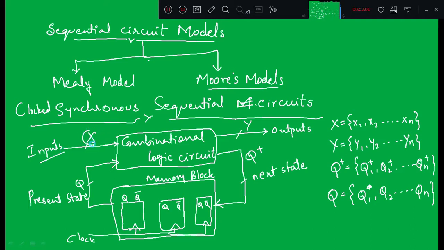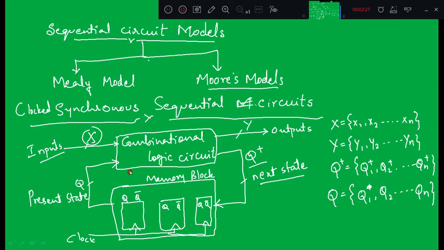Capital X represents the number of inputs, and these are the inputs for the combination circuit. Capital Y represents the number of outputs of the combination circuit. The output of the combination circuit is also represented by the next state, that is Q plus, which acts as input for the memory block, right?